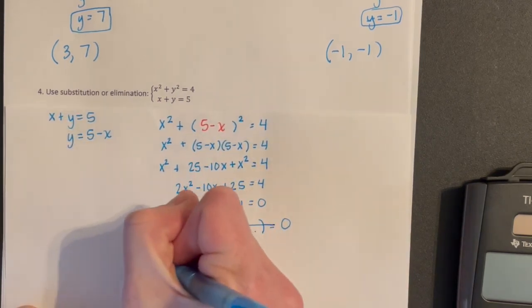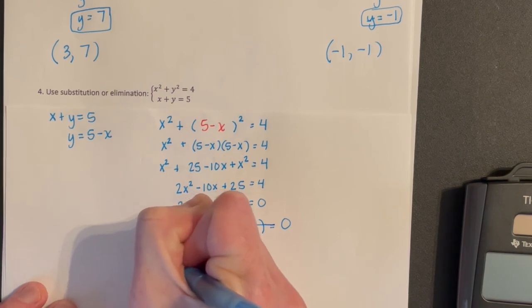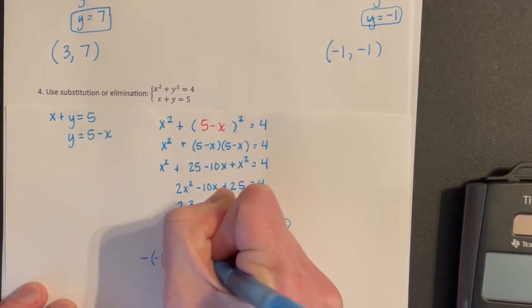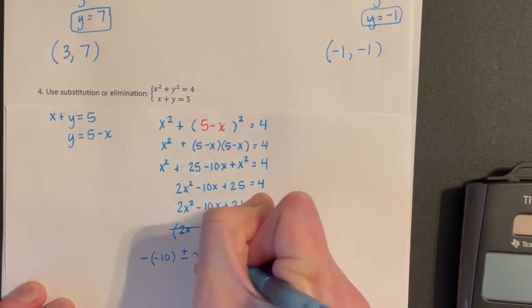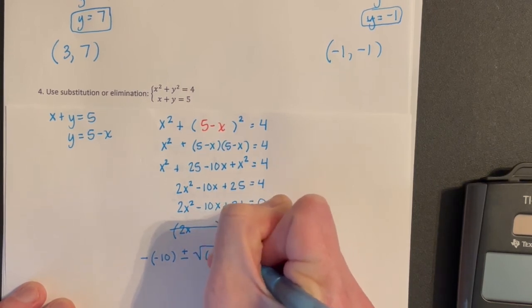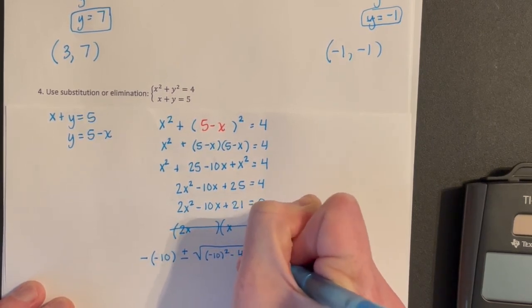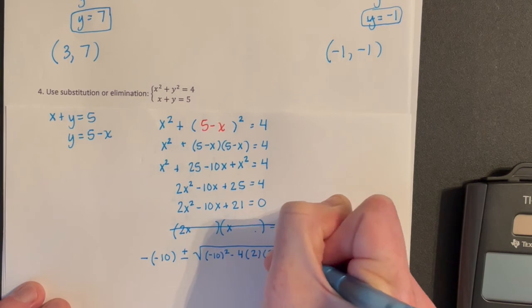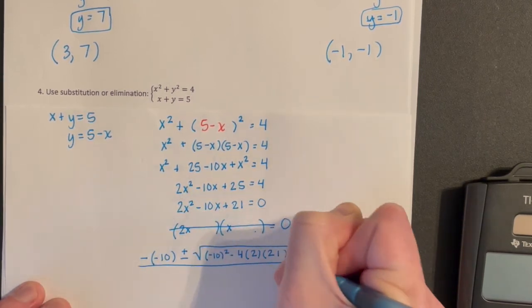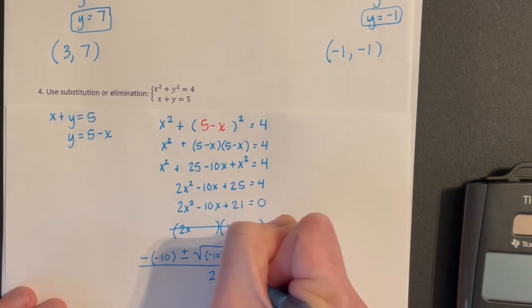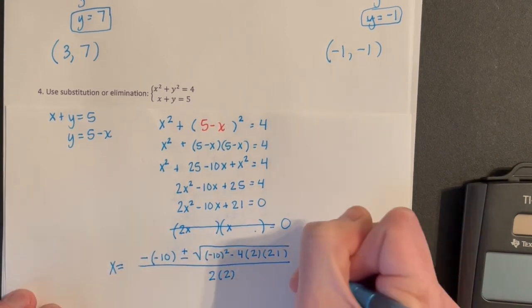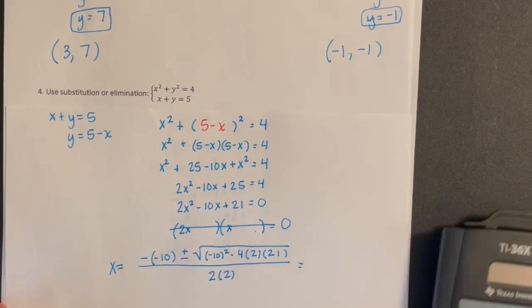If I do negative b, I'd have negative 10 plus or minus the square root of negative 10 squared minus 4 times a times c, 21, all over 2a, so 2 times 2. We plug part of that into our equation.